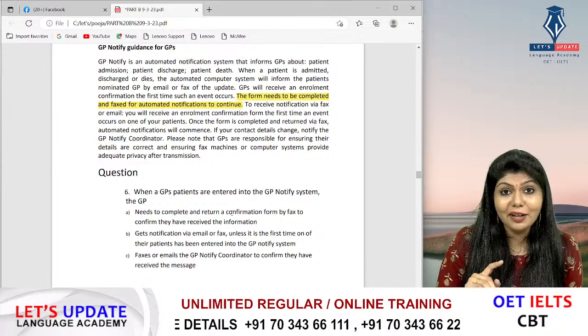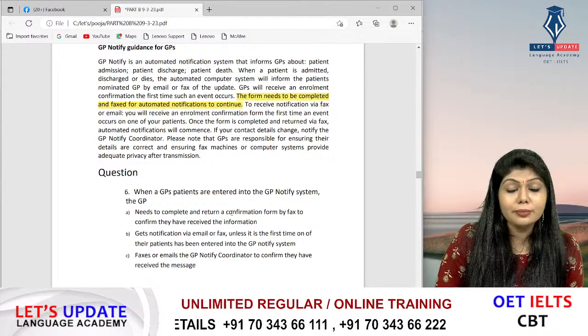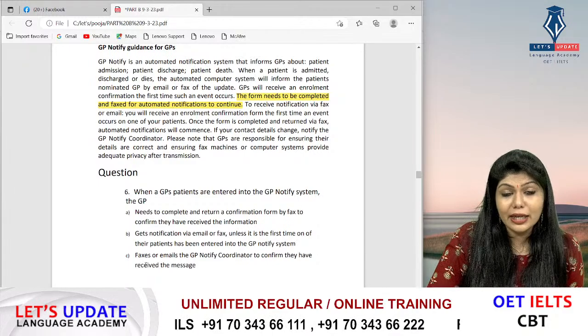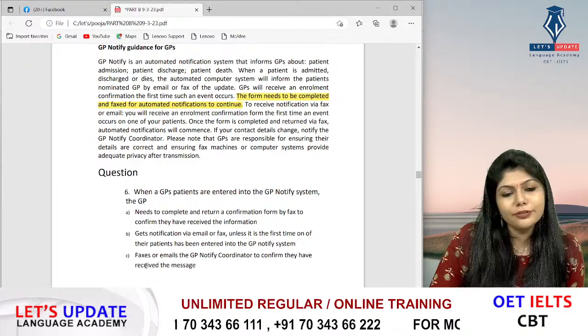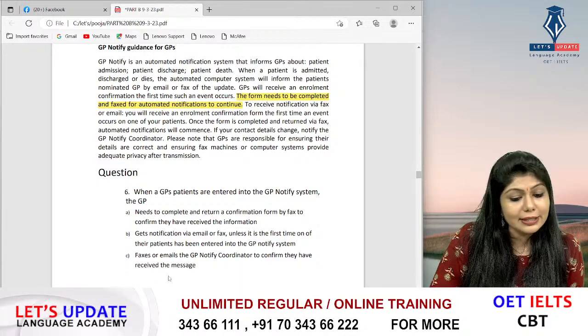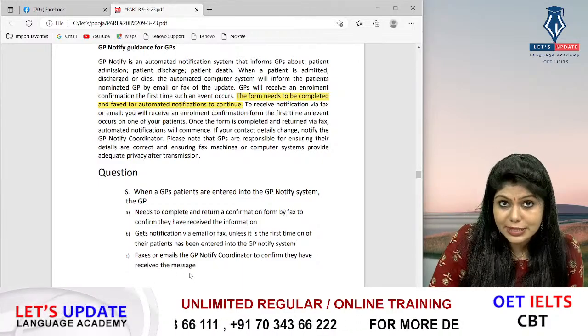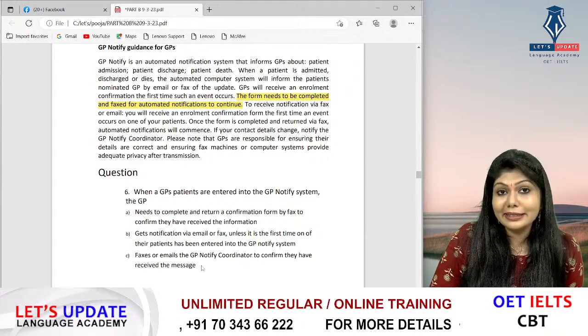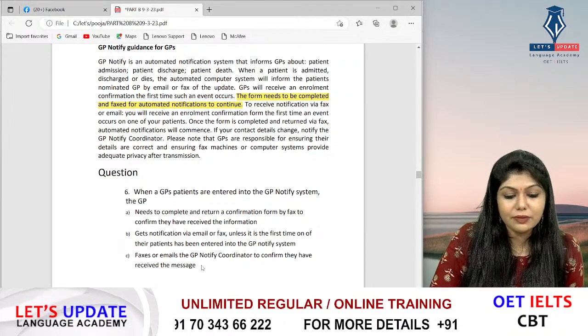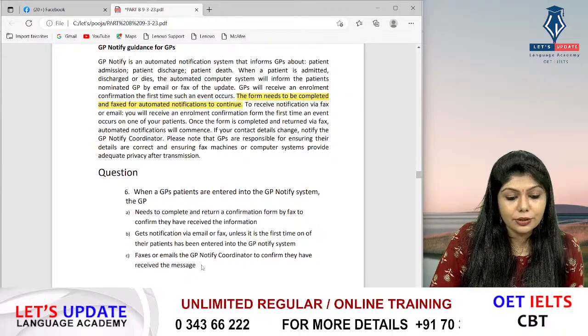It is for that purpose and not to confirm that they have received the message. Only if there is a contact detail change should they notify the GP notify coordinator, not for anything else. Because of which we have eliminated option C also, because option C contains information which is not mentioned or is incorrect.